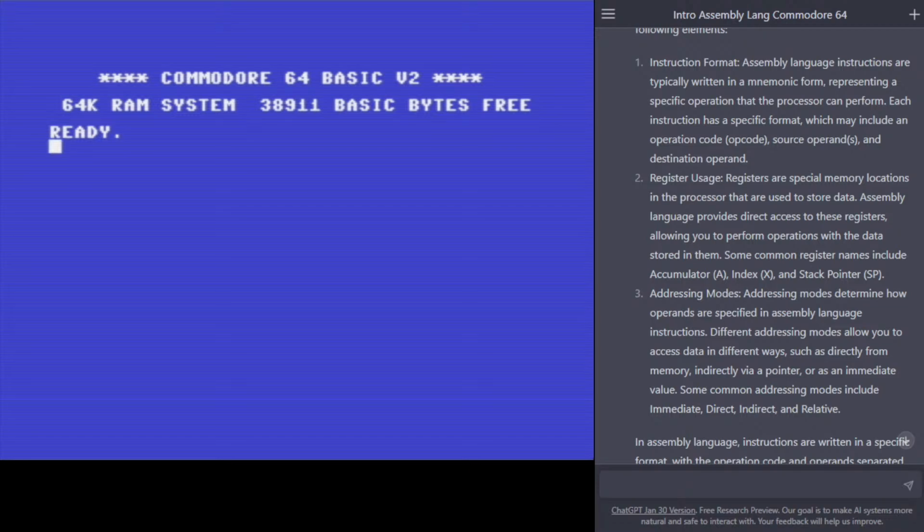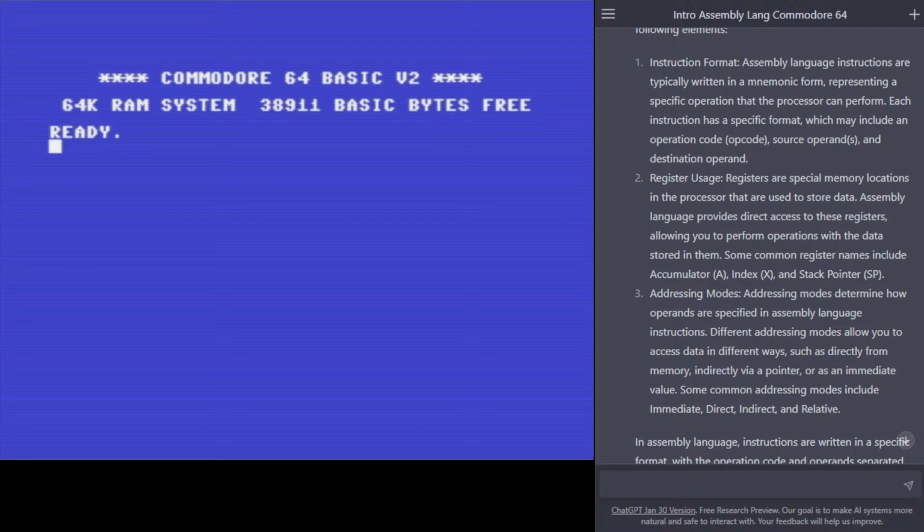Each instruction has a specific format, which may include an operation code, opcode, source operands, and destination operand. Register usage. Registers are special memory locations in the processor that are used to store data. Assembly language provides direct access to these registers, allowing you to perform operations with the data stored in them. Some common register names include accumulator, A, index, X, and stack pointer, SP.